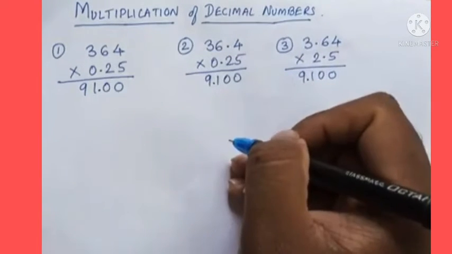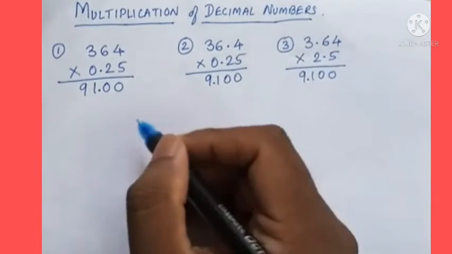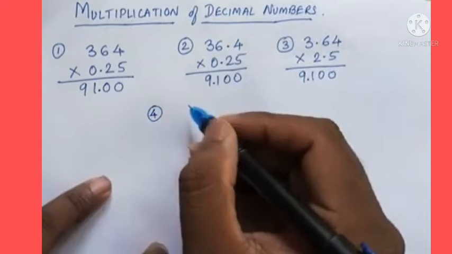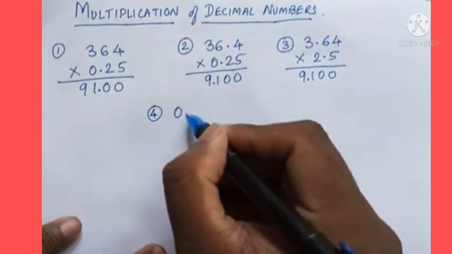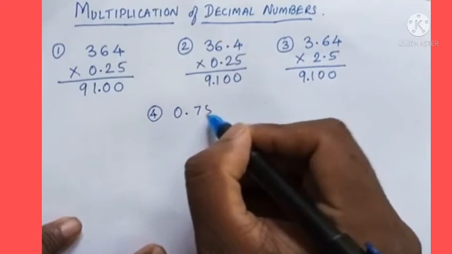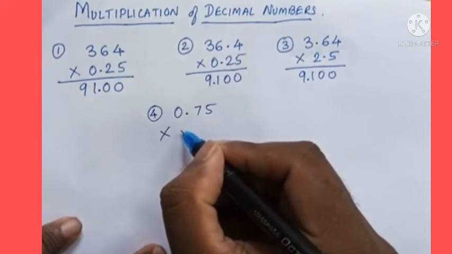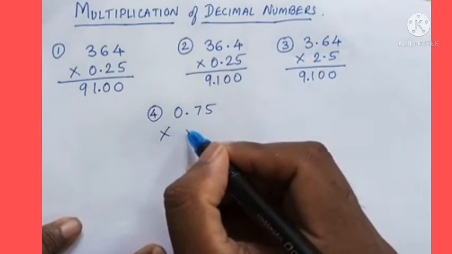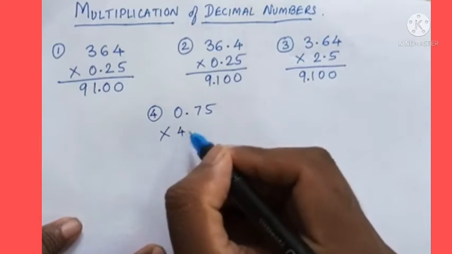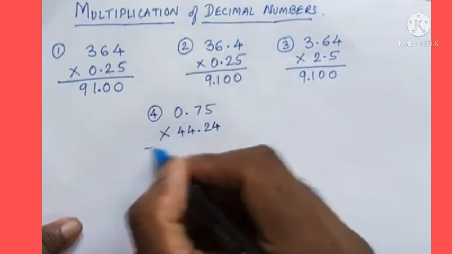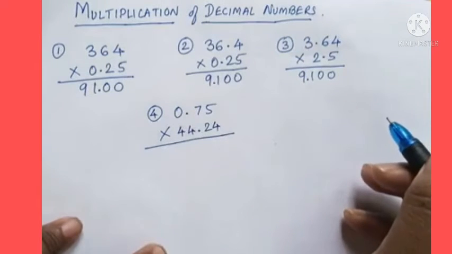Let's take one more example, a random example. Let's say we are supposed to multiply 0.75 by 44.24.